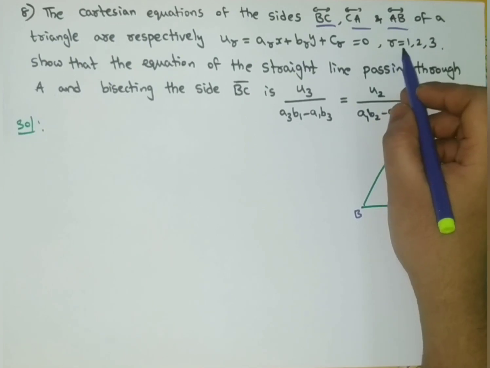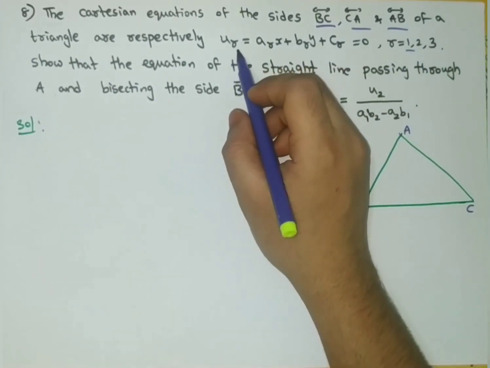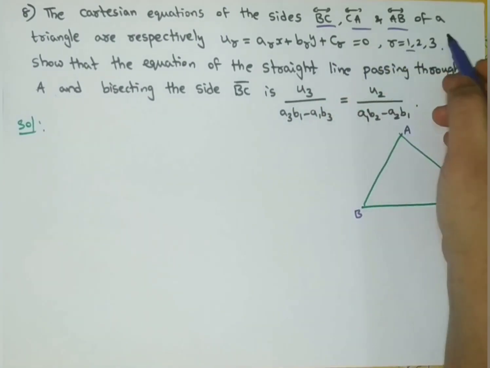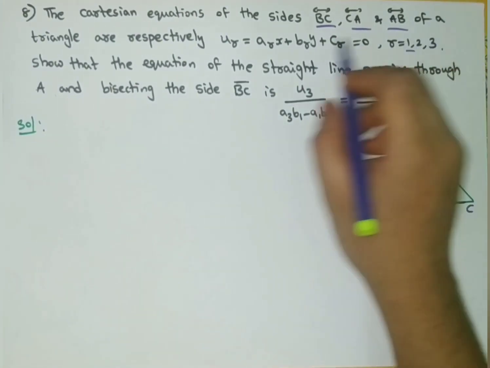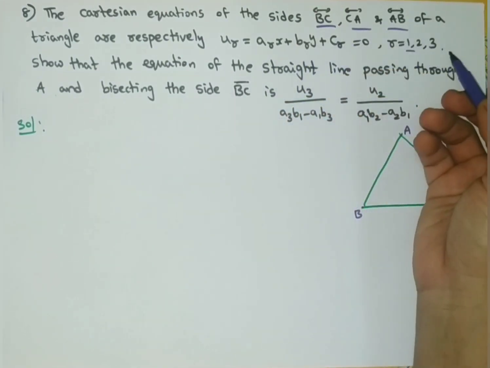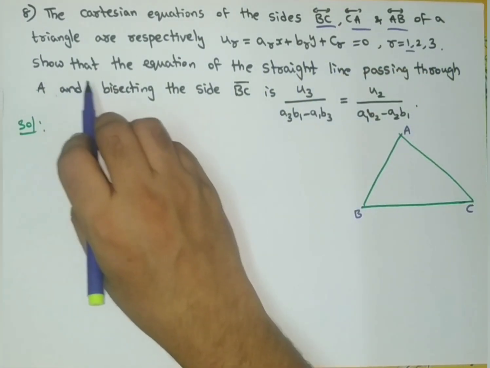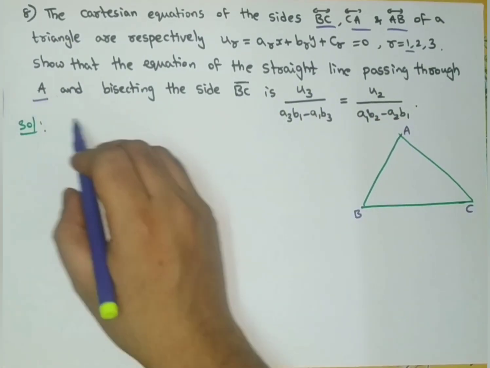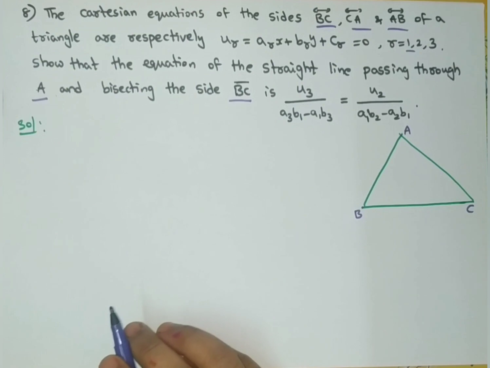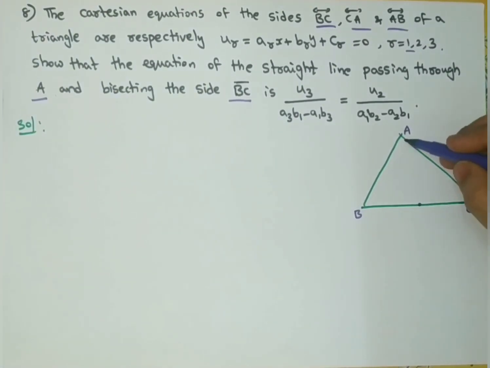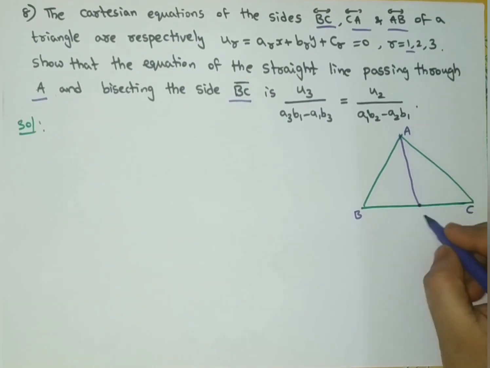That means taking r = 1, you get u1 = a1x + b1y + c1 = 0, and taking r = 2, you get a2x + b2y + c2 = 0. Like that, r = 3 also. Show that the equation of the straight line passing through A and bisecting the side BC. Bisecting the side BC means it meets at the midpoint. You have to calculate this line equation.